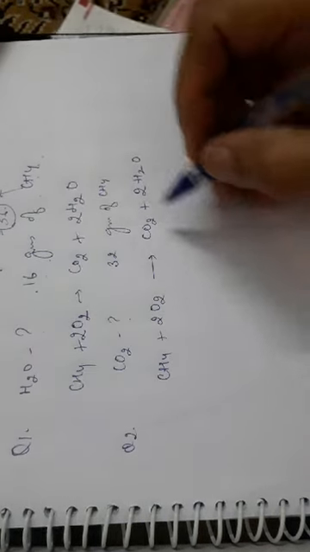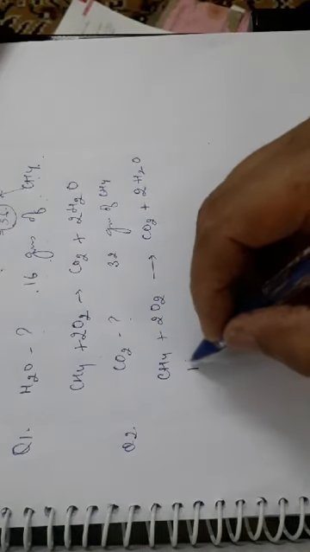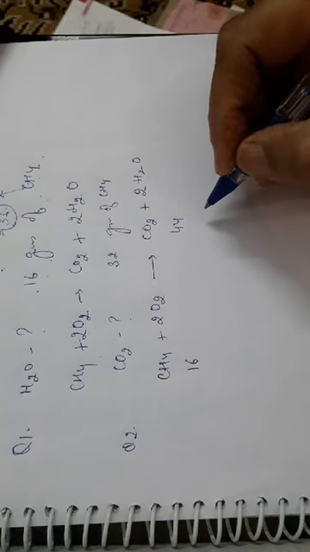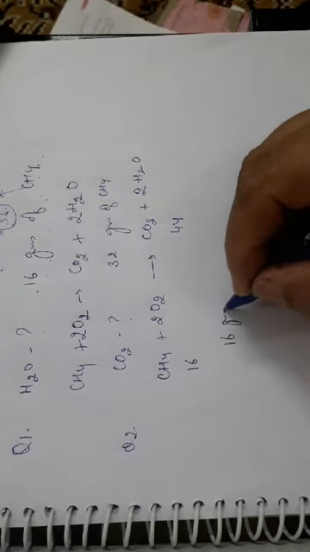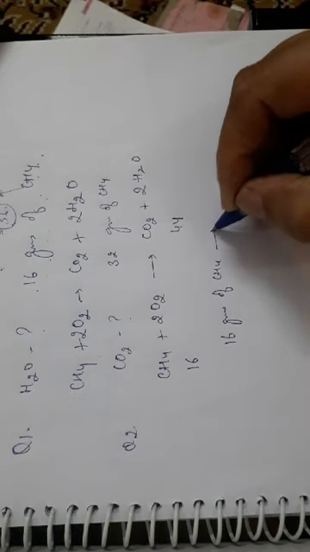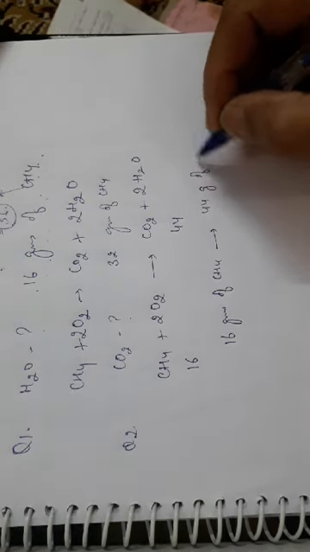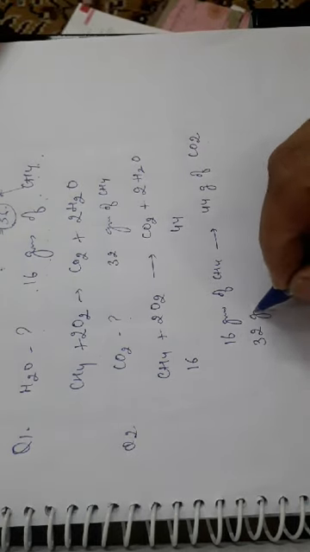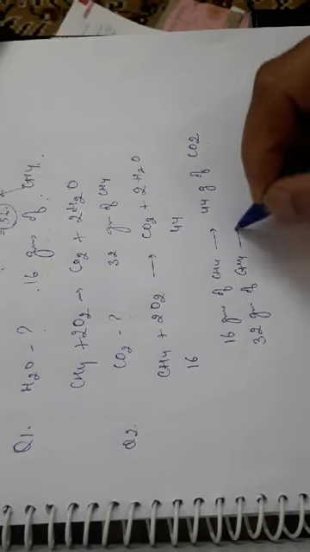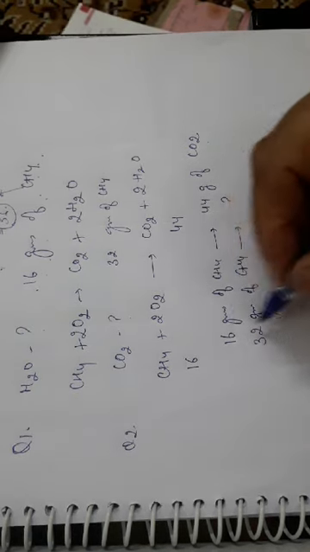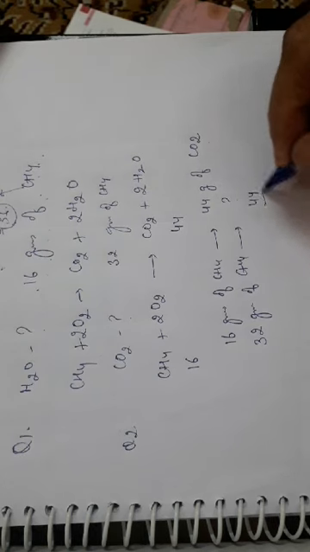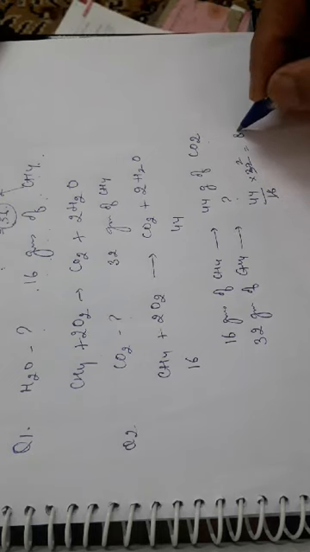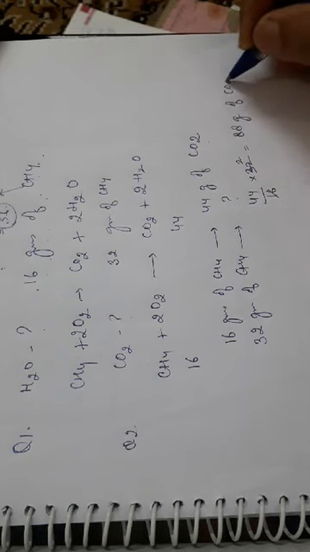We know 16 grams of methane is producing 44 grams of CO2. Then 32 grams of methane will give us how much CO2? This is twice, so obviously it will be 44 upon 16 into 32, that is, it will also be twice, 88 grams of CO2.